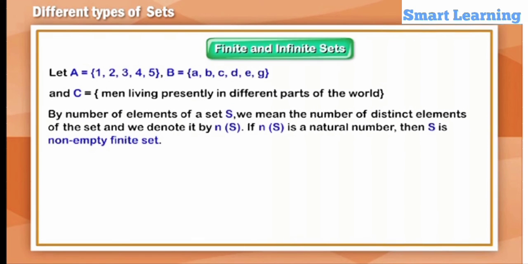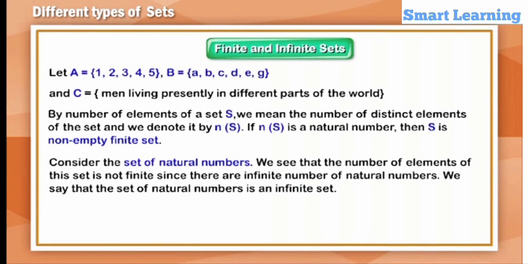By the number of elements of a set S, we mean the number of distinct elements of the set, and we denote it by n(S). If n(S) is a natural number, then S is a non-empty finite set.